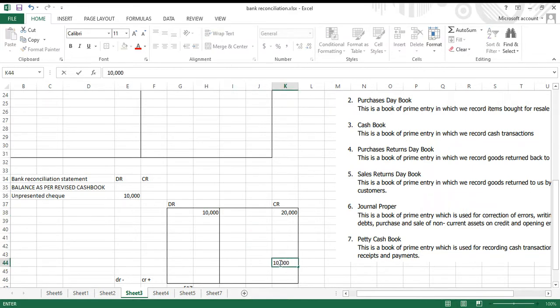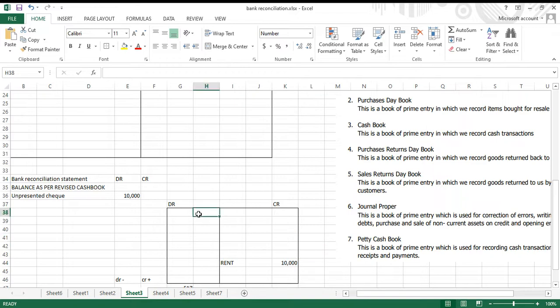We remain with 10,000 on our credit side. This represents our payment for rent. So when we do this, we're going to clear this 10,000 from our debit side and remain with our rent payment on our credit side.